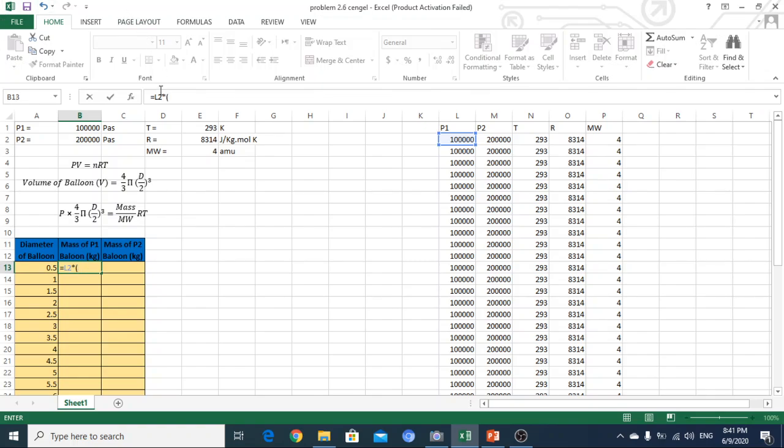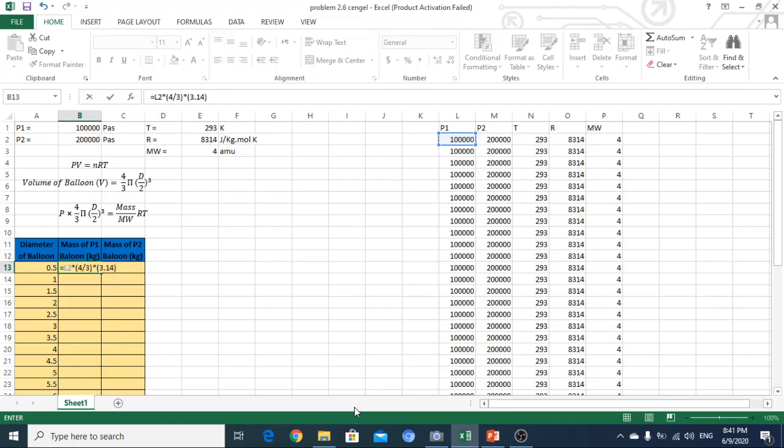Just watch this toolbar, formula bar. I'm writing the formula here, 4/3, bracket close, multiply by the value of pi, which is 3.14.